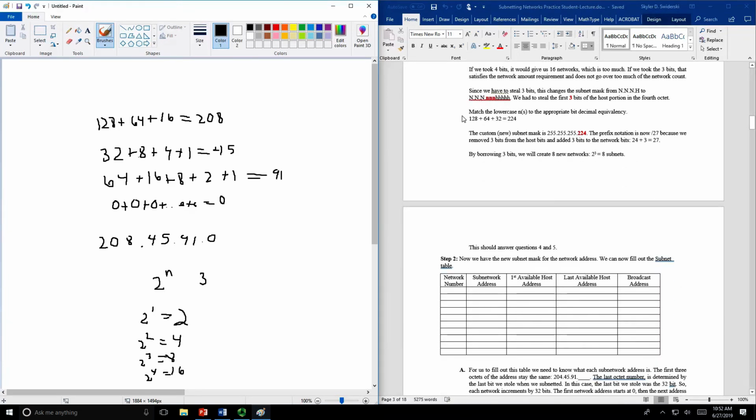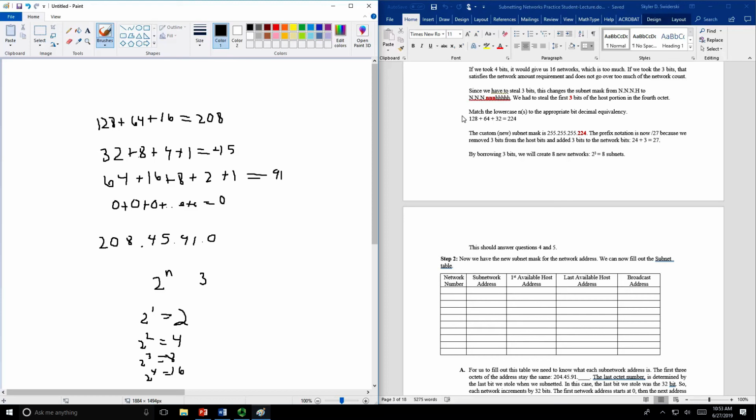Representing this in NH format, we still have the first octets that are all network bits, so the first 3 N's stay the same. However, we no longer have a capital H because we took 3 bits from the host section, turned them into network bits, and added those 3 network bits to the 24 other network bits.